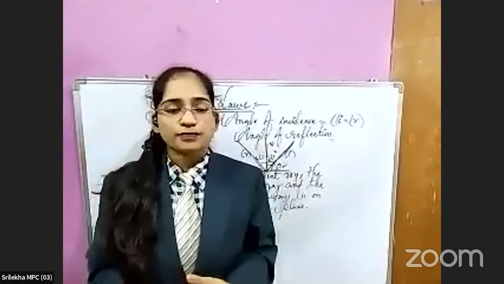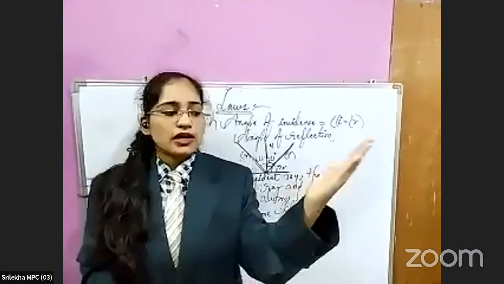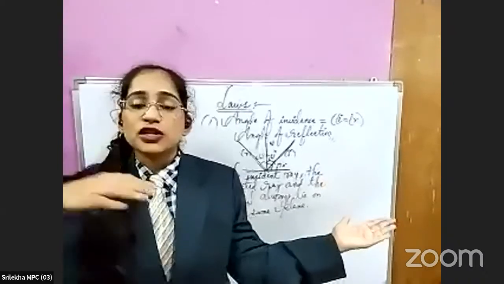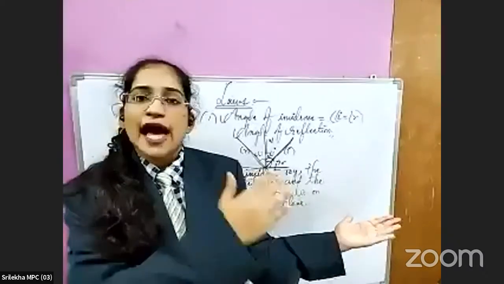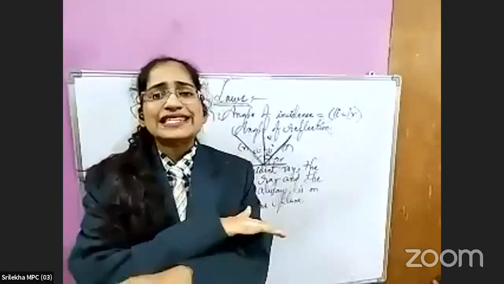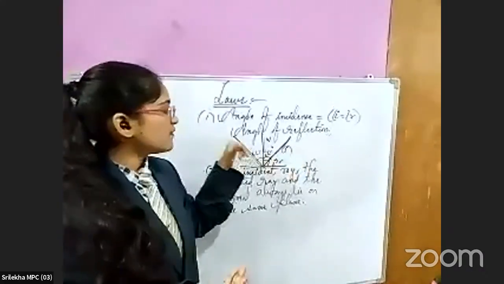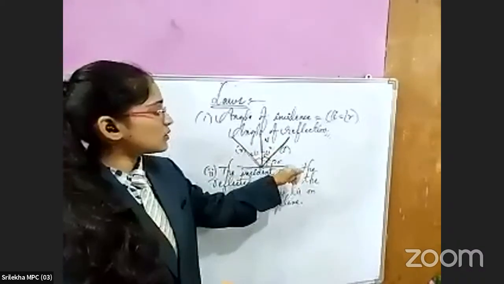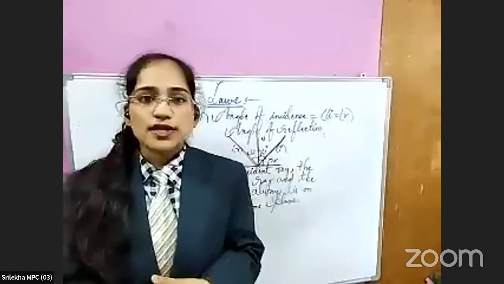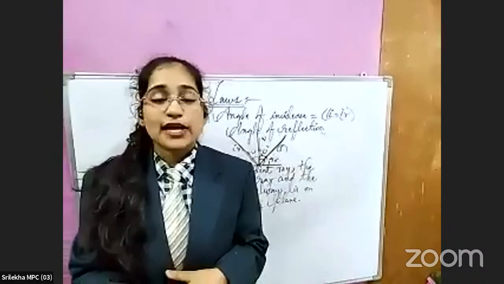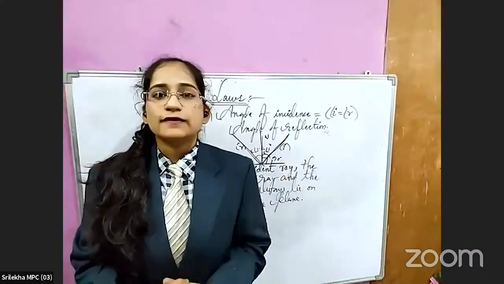Coming to the second law, let's assume this as plane: the incident ray, the reflected ray, and the normal always lie on the same plane. Yes, this is something indeed about reflection.